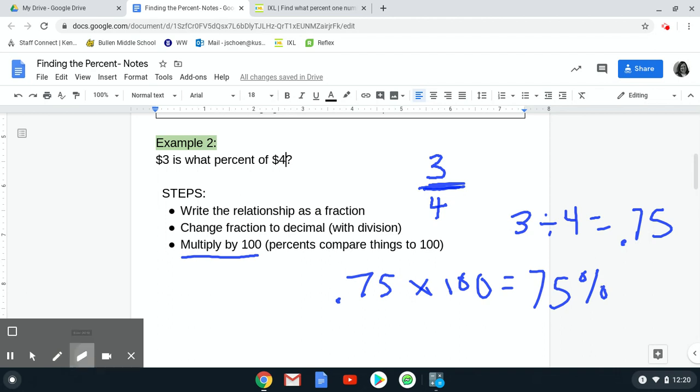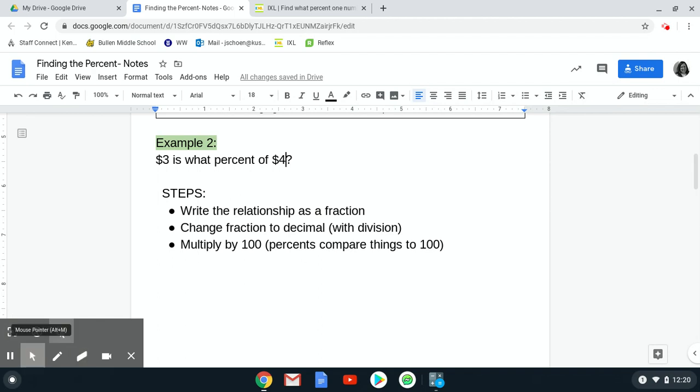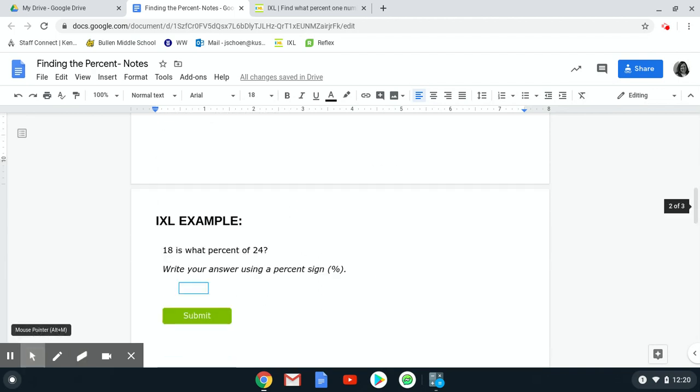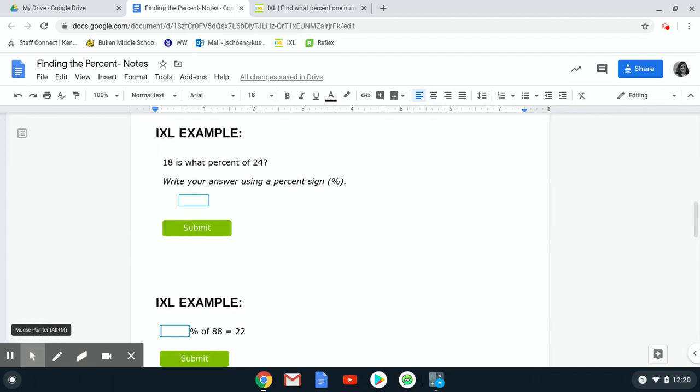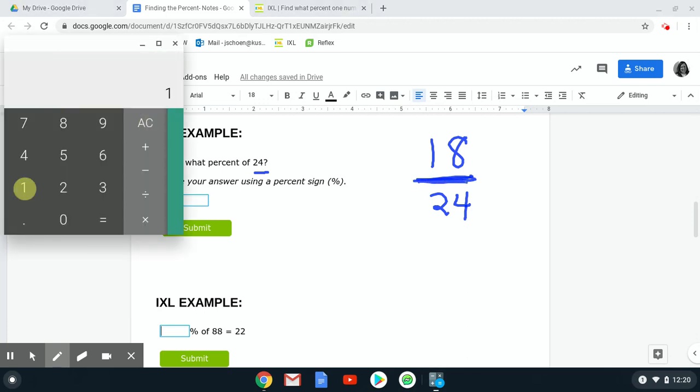All right, let's look at another example. When you get to IXL, you're going to see it written in a few different ways. Don't freak out, same steps. 18 is what percent of 24? Well, 18 is the part we're talking about out of 24. So write this as a fraction relationship: 18 parts out of 24 total. Then we're going to divide, 18 divided by 24.